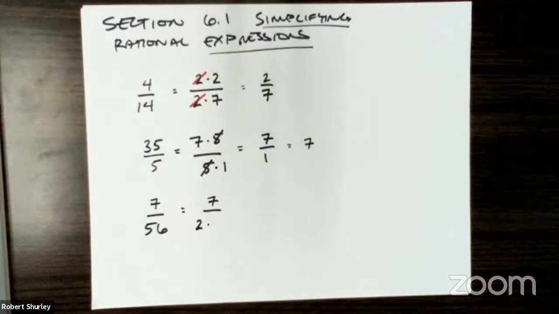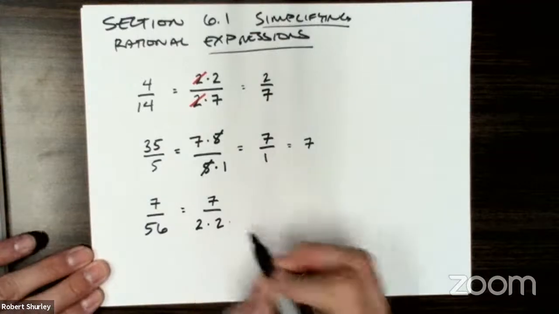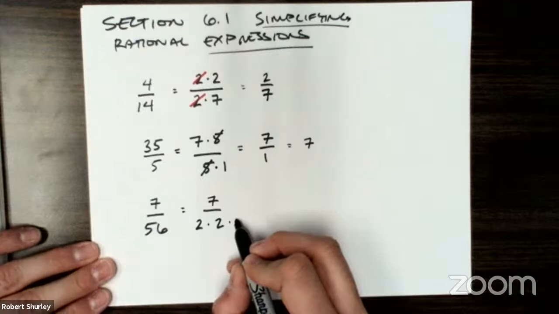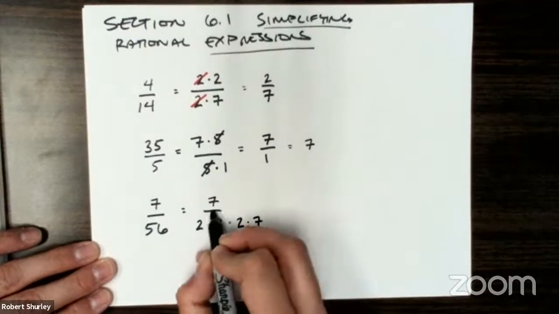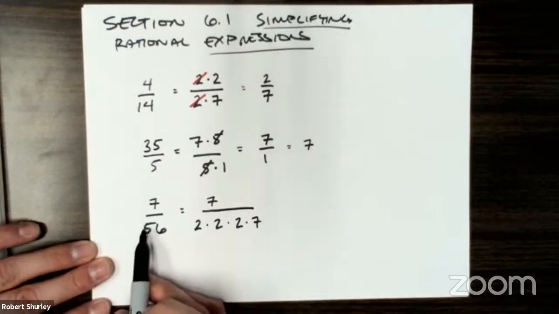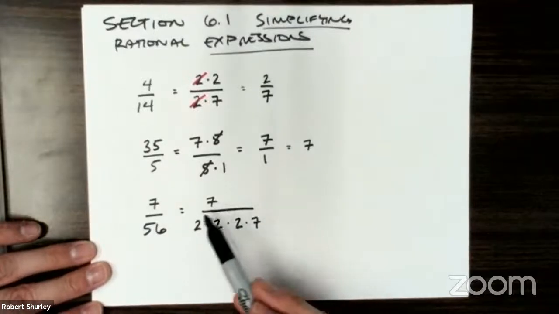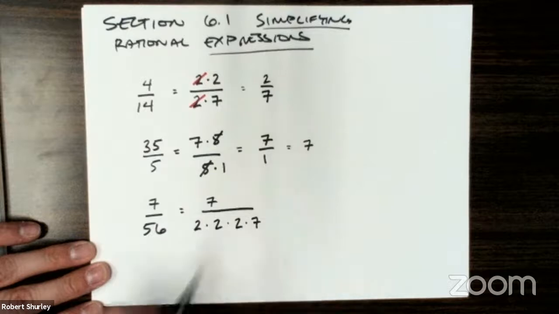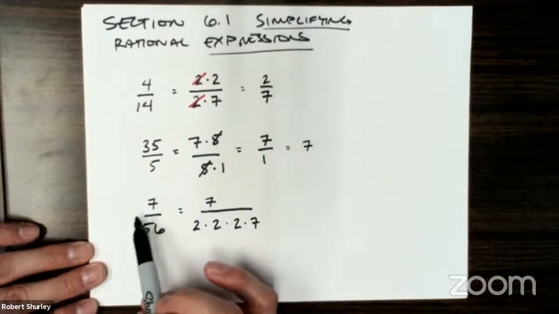That leaves you 28. That's divisible by 2 as well. That leaves you 14. That's divisible by 2, and it leaves you 7. So look, if we factored 56 completely, this is its factor tree. It would be 2 times 2 times 2 times 7. So I'm factoring this number completely.